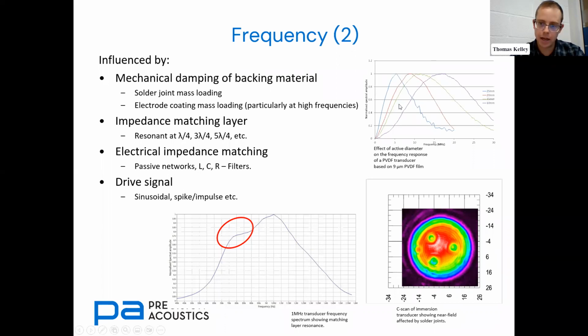So as you can see up here on this set of graphs, some experimental data for otherwise identical sensors based on one thickness of PVDF film, we could get a center frequency of 5 megahertz with a 25 millimeter diameter, or a 15 to 20 megahertz center frequency with a 10 millimeter diameter.